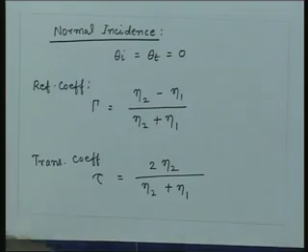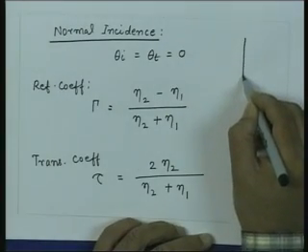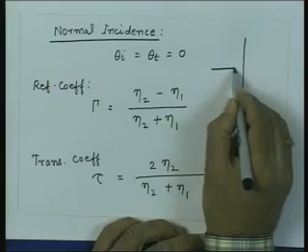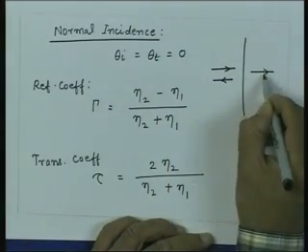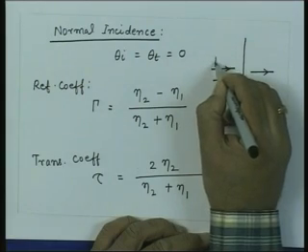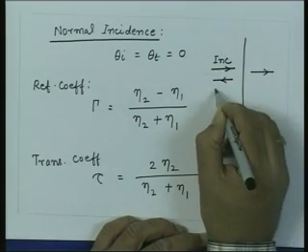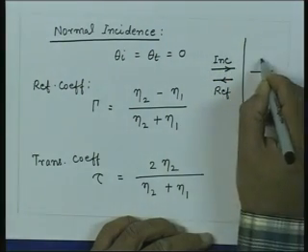And the case of normal incidence is this: this is your dielectric interface, this is your incident wave, this is the reflected wave, and this is the transmitted wave.